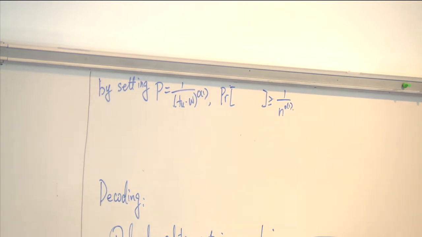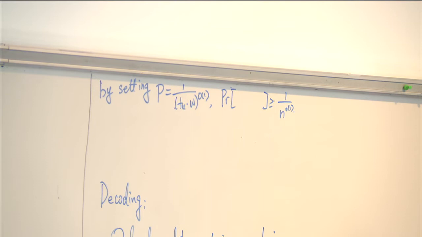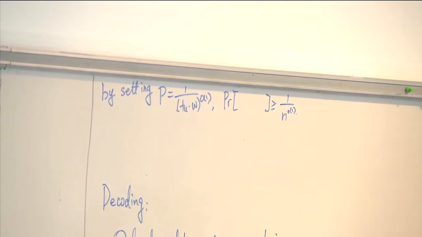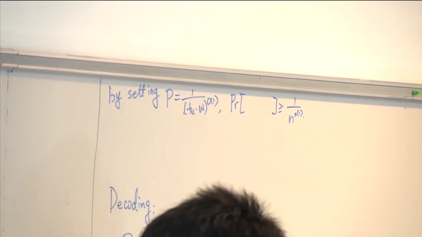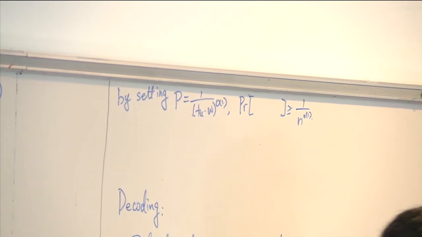So in total, we have polynomial in n many queries, and at least 1 over n to the little o of 1 fraction of them can be answered by only looking at this set of cells and all the other information.